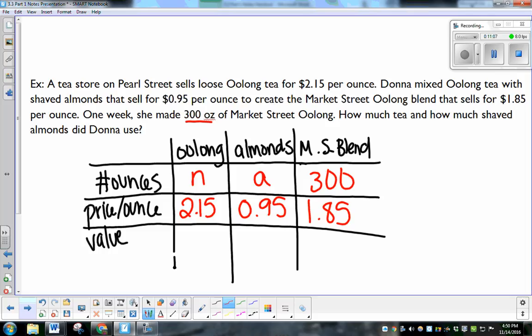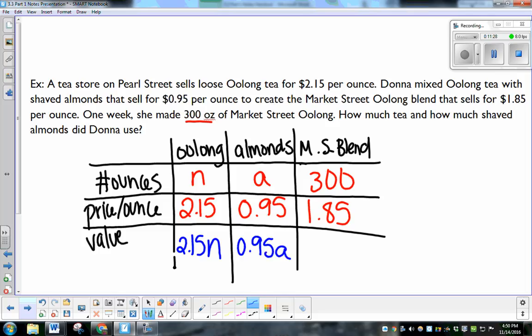So let's think of how we could write the value or the total price of each of those things. For oolong tea, we're paying $2.15 times the number of ounces of oolong tea, so 2.15 N. Same for the almonds. We're paying 95 cents times the number of ounces of almonds.